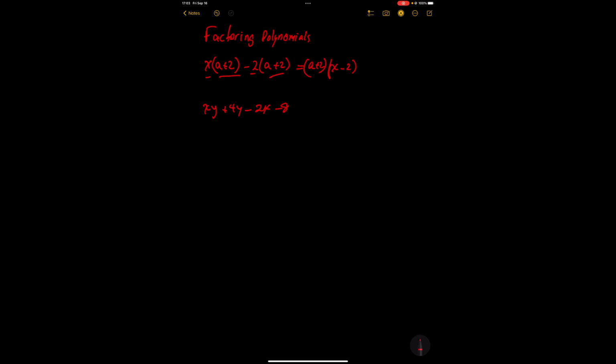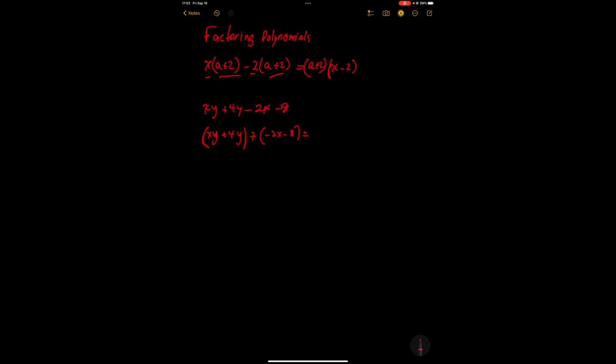Well, let's see. Do you want to group xy and 4y together, or xy and negative 2x together? Let's try to group xy and 4y together. That will be xy + 4y plus negative 2x minus 8.